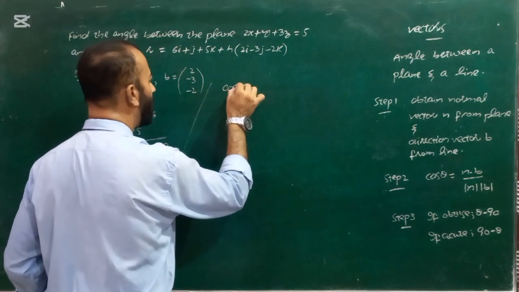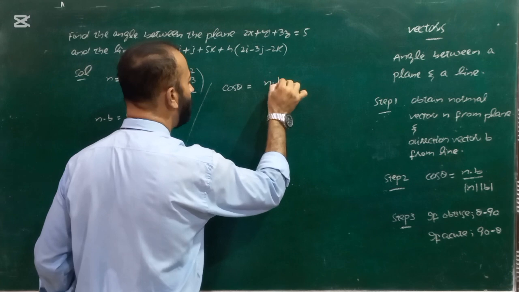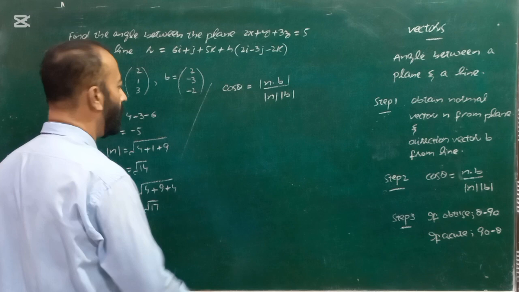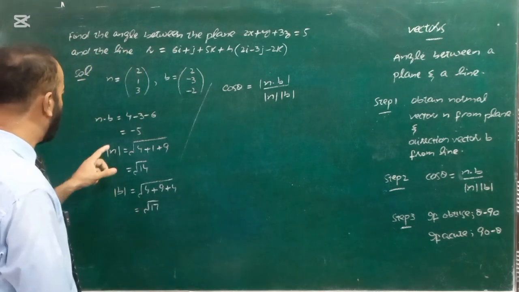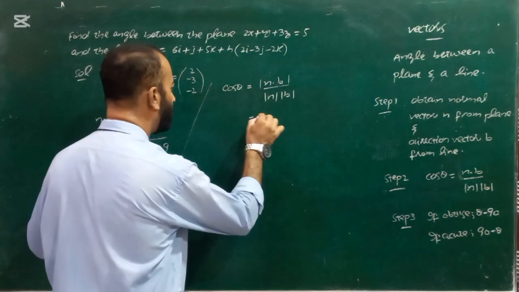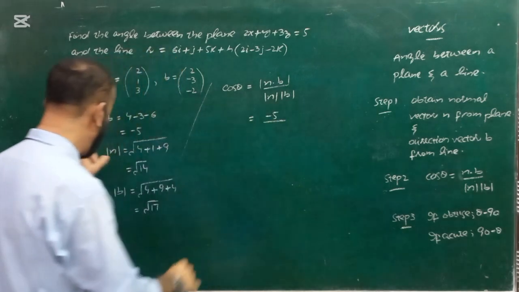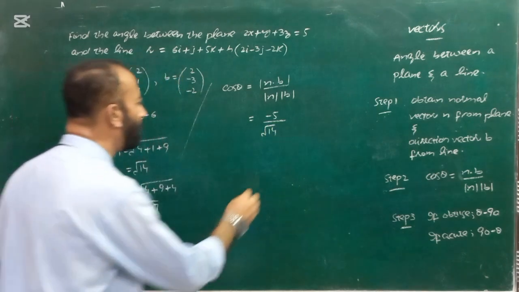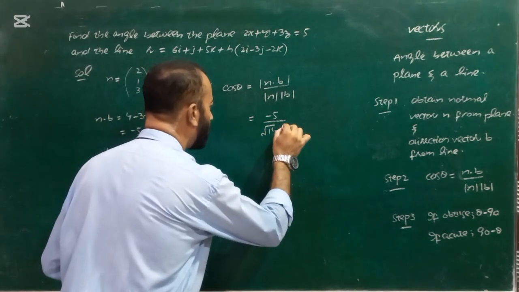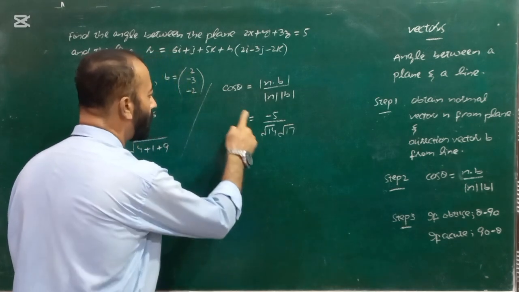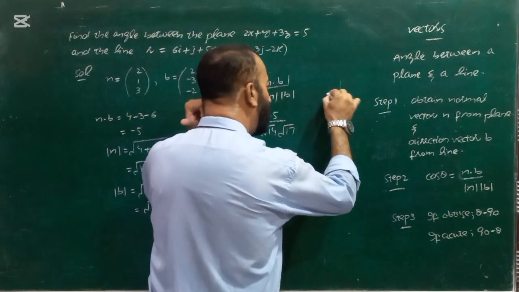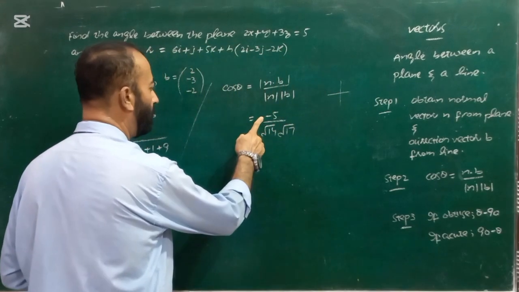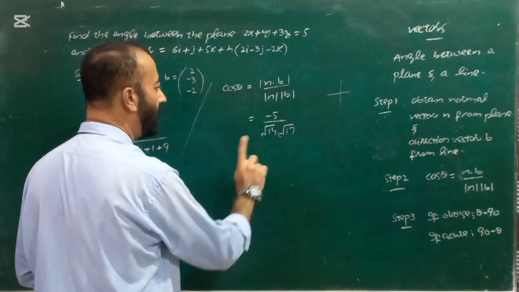Cos theta is equal to n dot b over n magnitude into b magnitude. Putting values in, n dot b is minus 5 over square root of 14 into square root of 17. So cos will be negative, that will be an obtuse angle. The function of the minus sign was to tell us the obtuse angle.